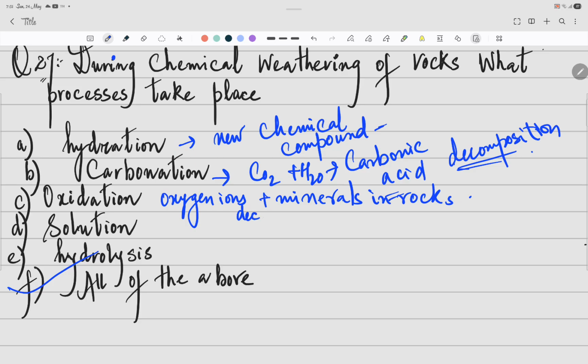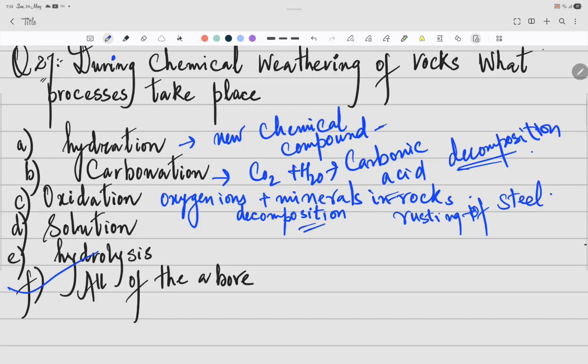It causes their decomposition, and this process of oxidation of rocks is somewhat similar to the rusting of steel.